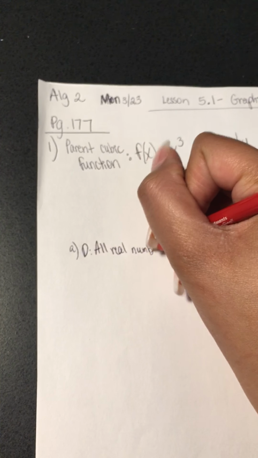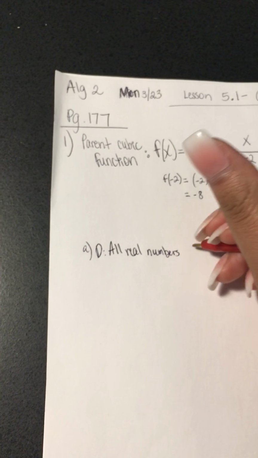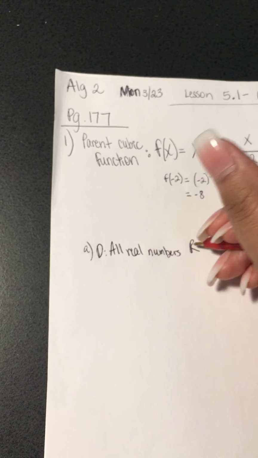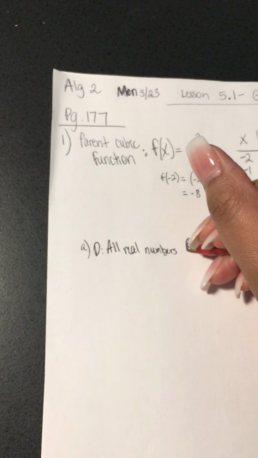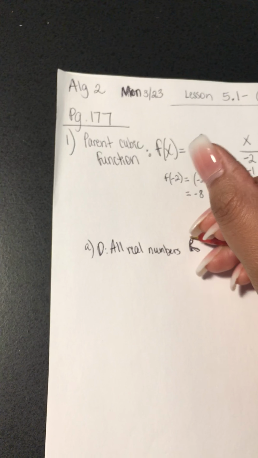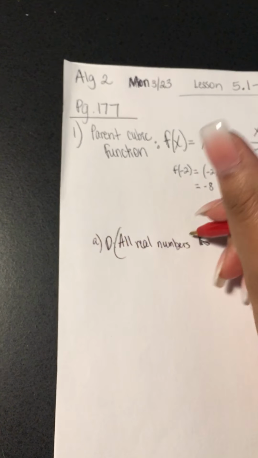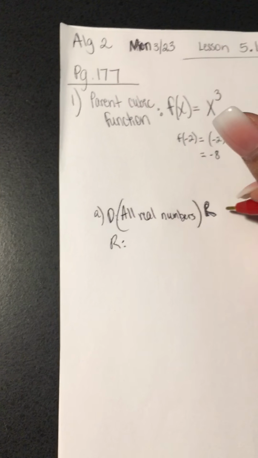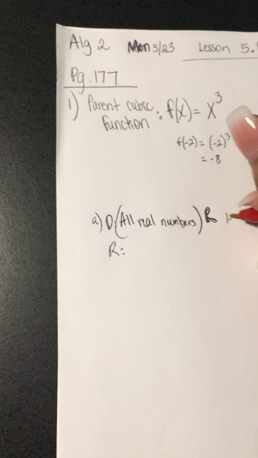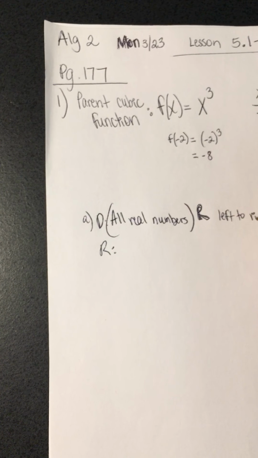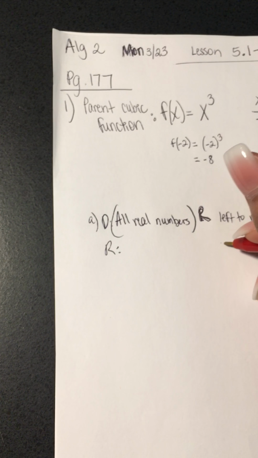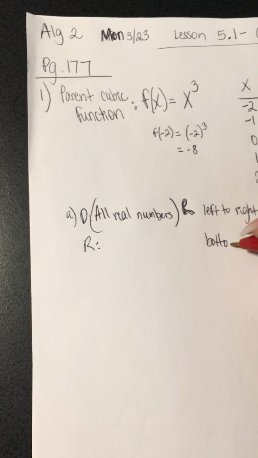Your textbook uses a symbol for all real numbers. It's a capital R, but it's got extra lines on it that I'm not very good at drawing, so I'm just going to say all real numbers. Same thing for the range. For the domain, I said you read it from left to right, but range is read from bottom to top.